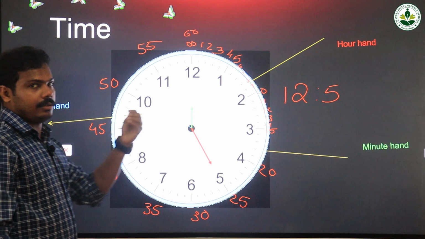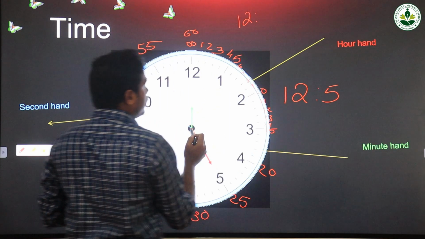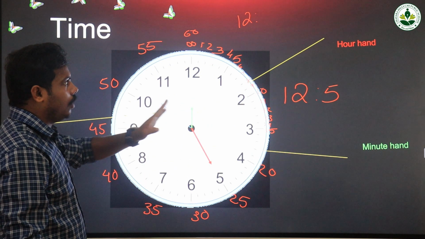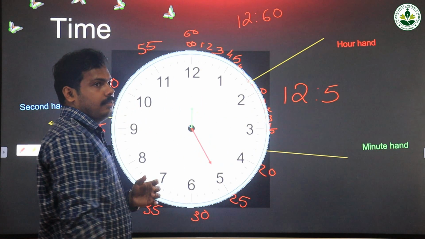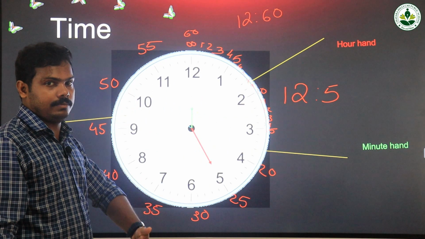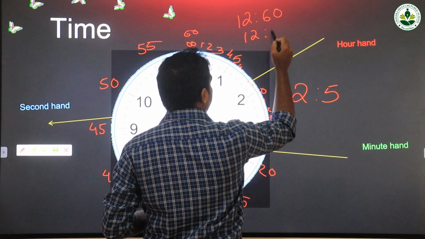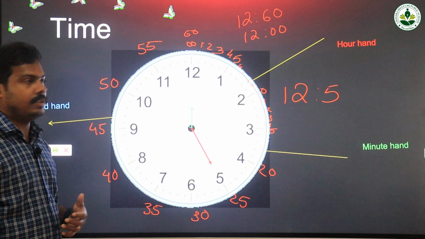But we are not writing 12:60. If the minute hand is on 12 and the hour hand is on 12, we are not writing 12:60.